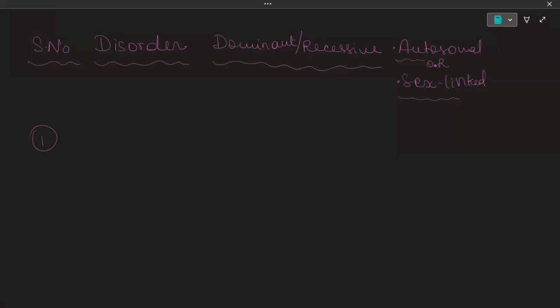Now the first one is hemophilia. Let us start with hemophilia here. Hemophilia is the name of the disorder. It is a recessive type of disease, and it is X-linked, meaning X chromosome linked, meaning it is a sex-linked disease.